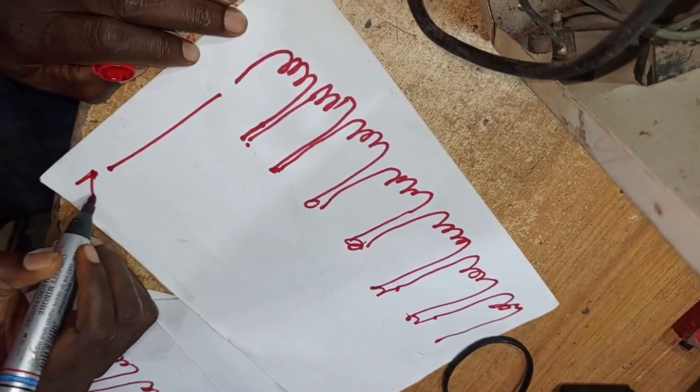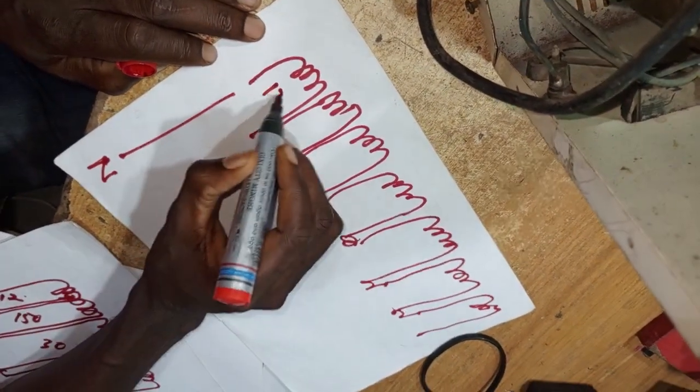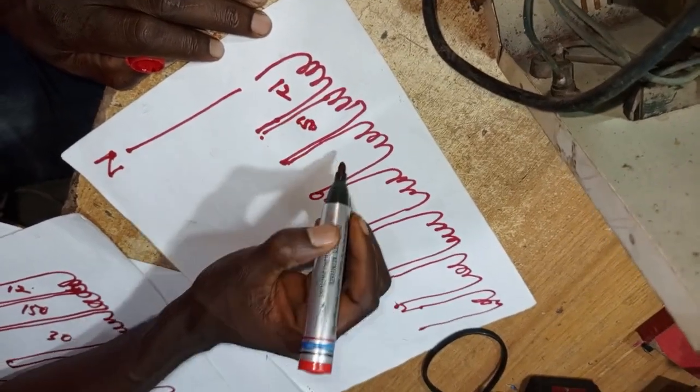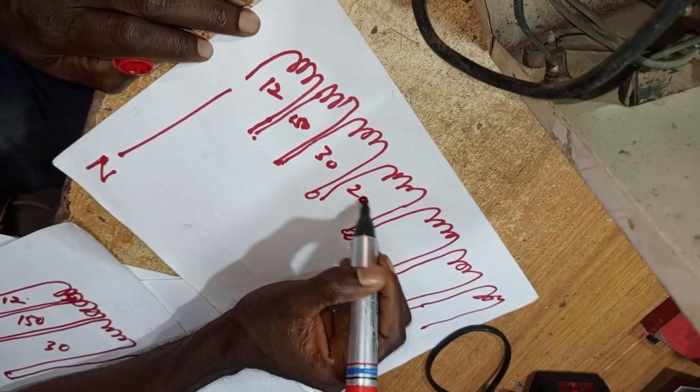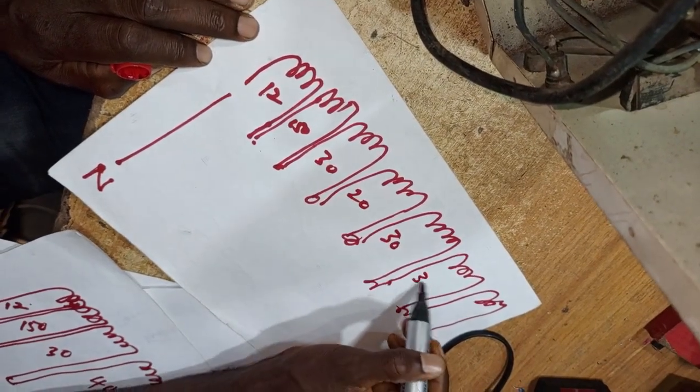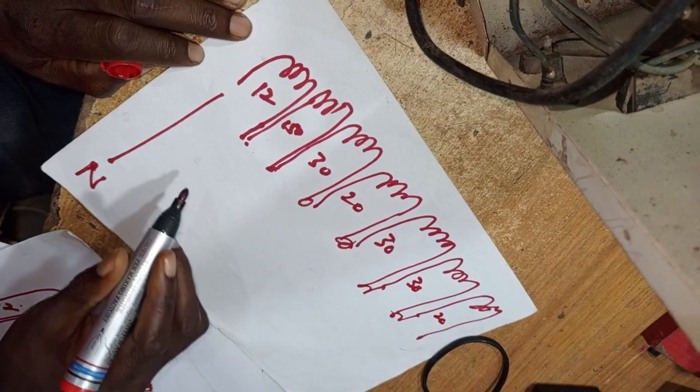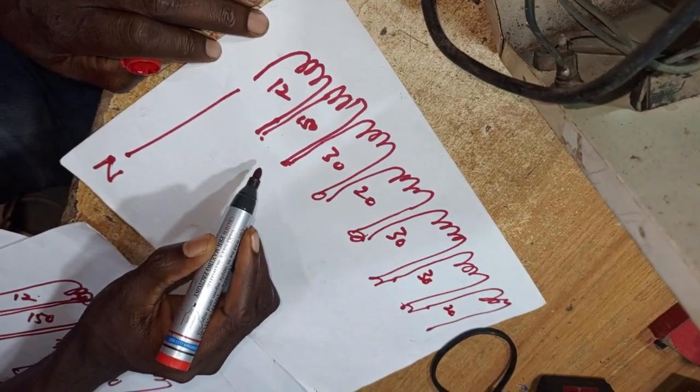So here is your neutral. If here is 12 volts, 150 volts, 30 volts, 20 volts, 30 volts, 30 volts, 20 volts.